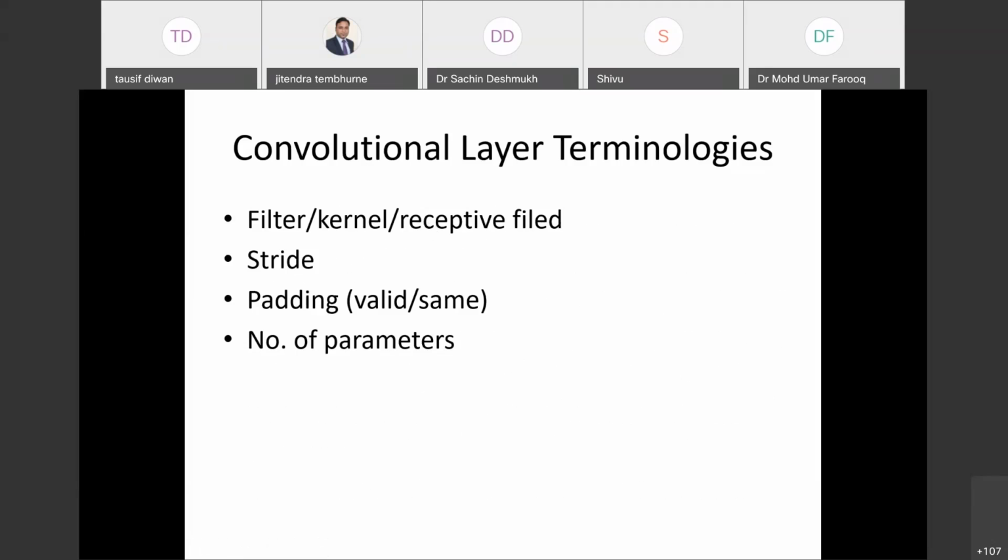If padding is equal to valid, it means that no padding is applied. If padding is equal to same, it means that we want the input and output to be of the same size. And the most important thing is the number of parameters. How many parameters are associated with that convolution operation? We will see one complete example for the calculation of parameters.